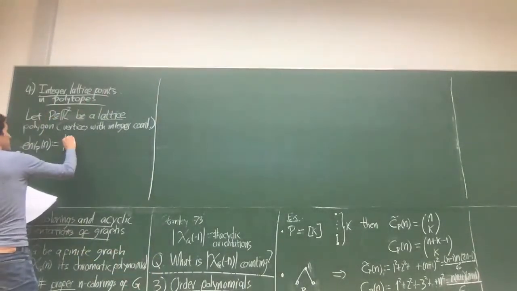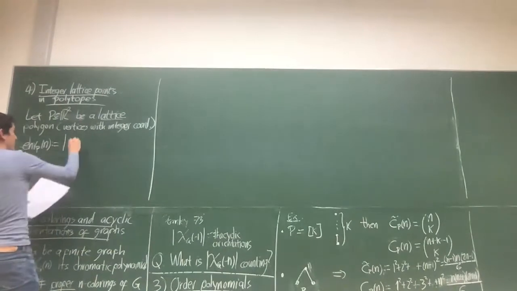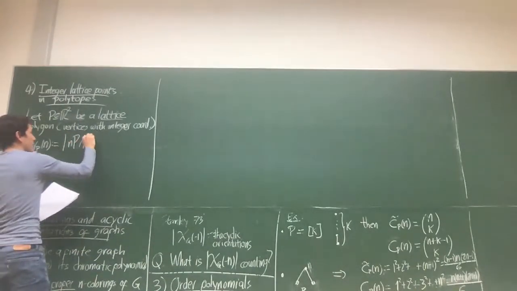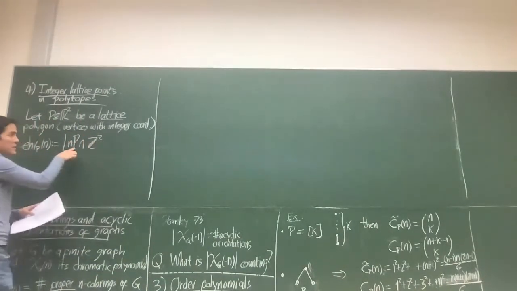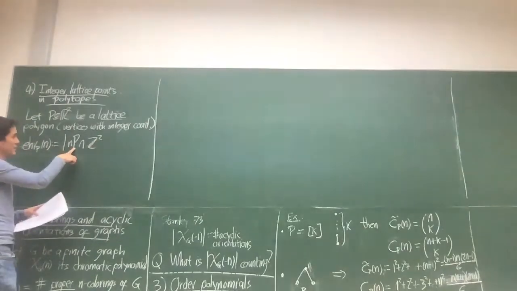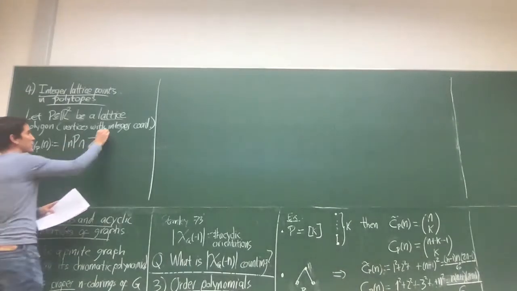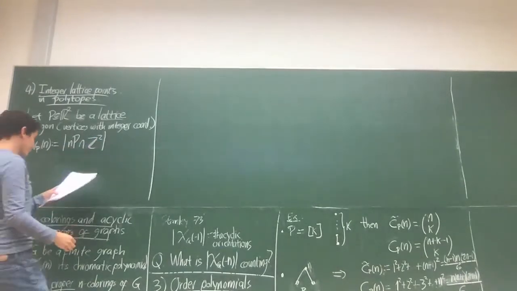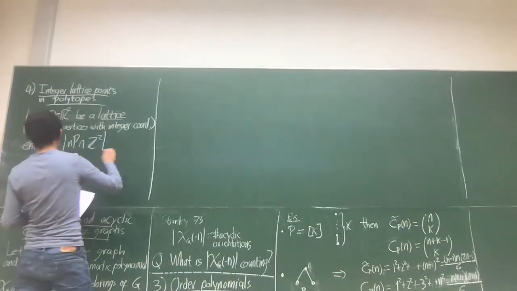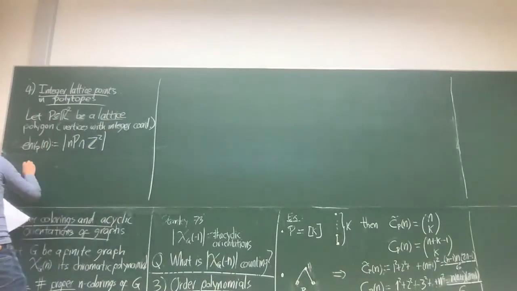In other words, this counts the number of integer lattice points inside the polygon obtained by dilating the initial polygon by n. Okay. And let me define Ehr P interior of n.